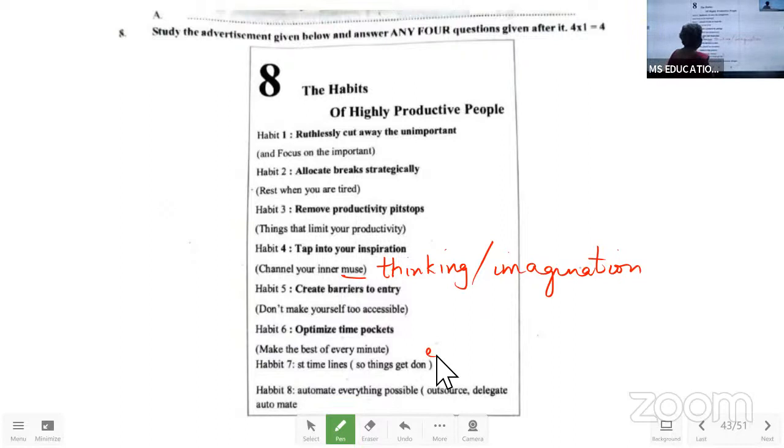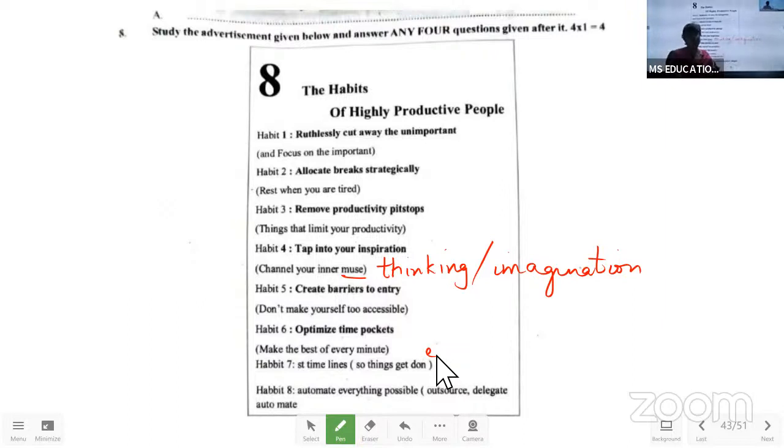Set your time. See that whatever goal has to be reached at a certain point, you set a time and see that you get it done. Last habit, automate everything possible, whether it is outsource, delegate, automate.